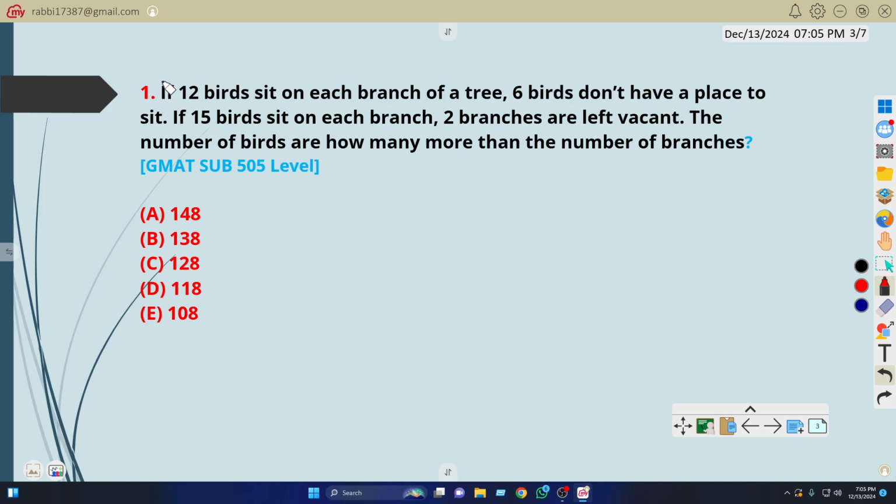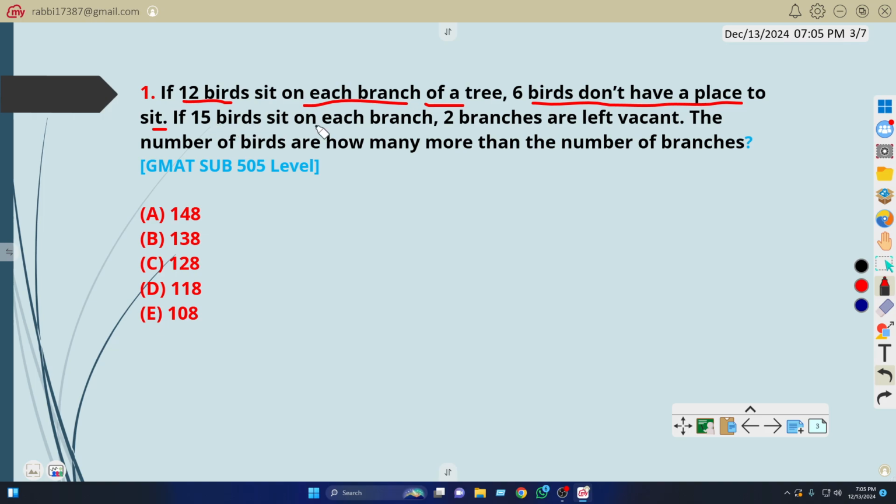So in the first question we can see that if 12 birds sit on each branch of a tree, then 6 birds don't have a place to sit. That is, 6 birds remain that have no place to sit.